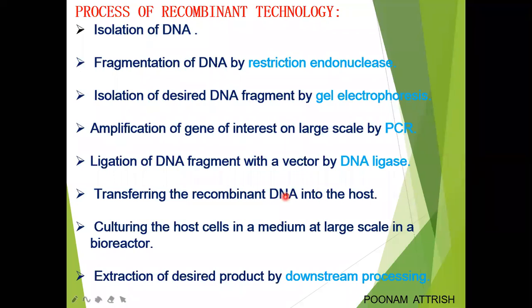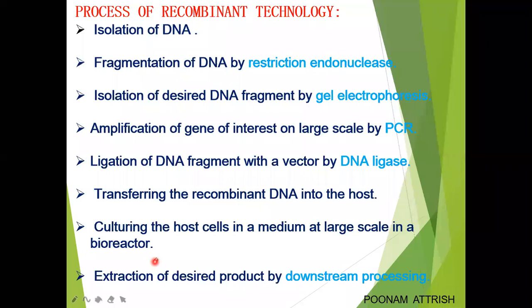And you are going to transfer that recombinant DNA into the host. The host may be a bacteria, a plant cell, or an animal cell. It depends. Now, culture that host on a large scale, on a commercial scale, in a bioreactor. So what is a bioreactor?